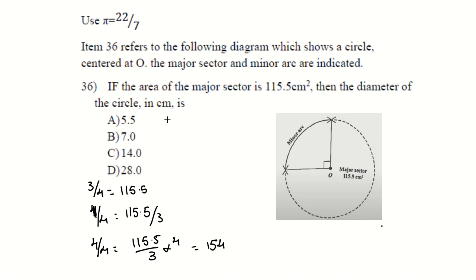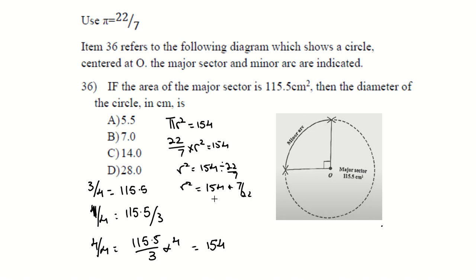They want to know the diameter. We know that pi r squared is 154. So that's 22 over 7 multiplied by r squared is 154. So r squared is 154 divided by 22 over 7. So r squared is equal to 154 multiplied by 7 over 22.